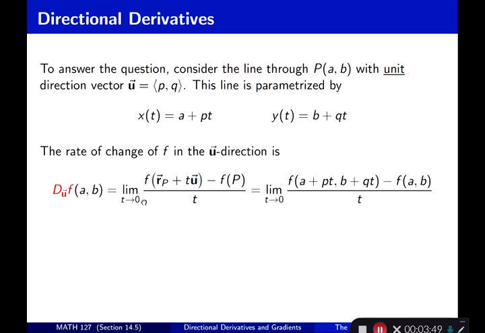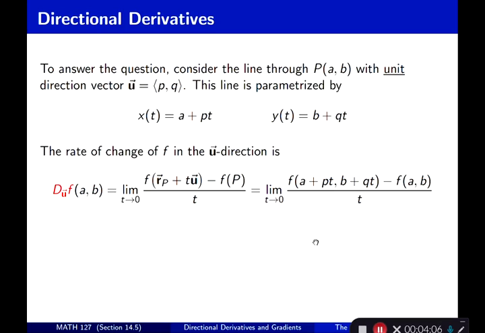Writing it back with the parameterization, you get the limit as t approaches 0 of f of a plus pt, b plus qt, minus f of a and b, over t.